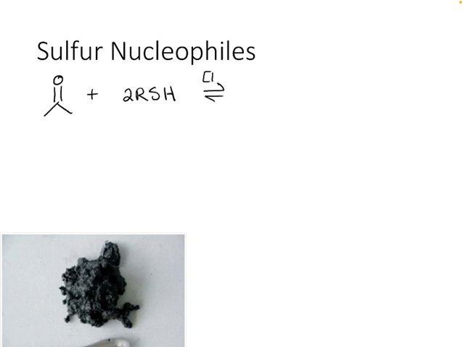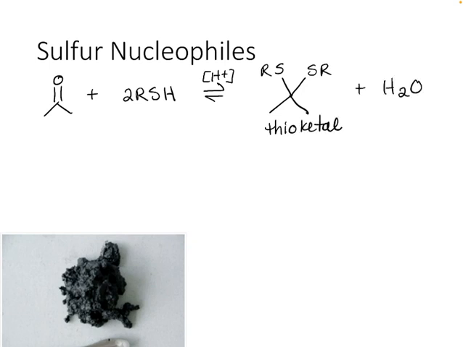So this is very similar to when we added alcohol groups to our ketone or aldehyde. But instead of alcohols or even alkoxy groups, that's also similar, we're going to end up with something called a thioketal. And then our other product is water.